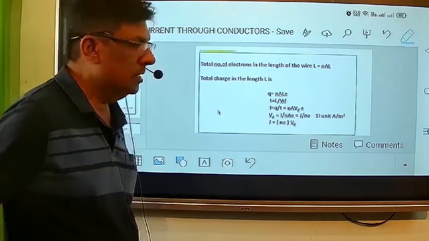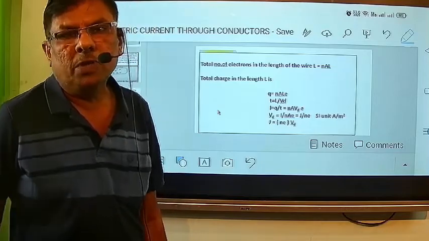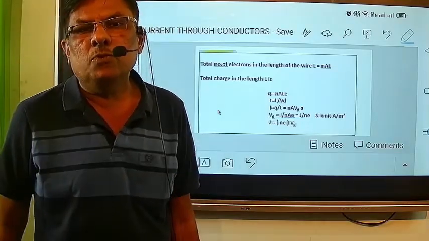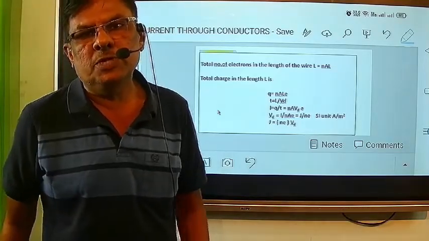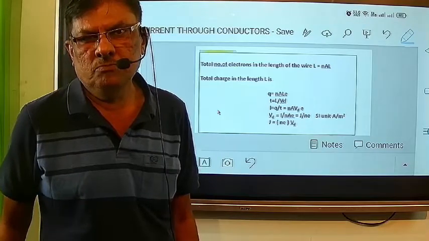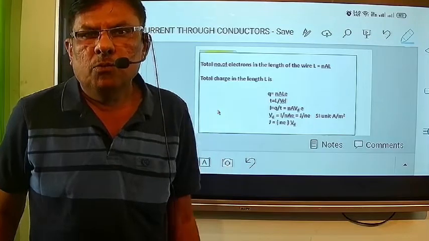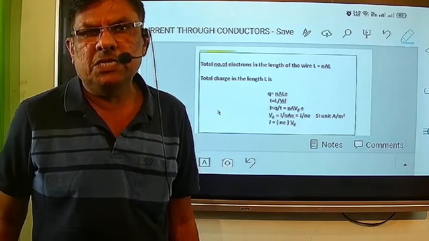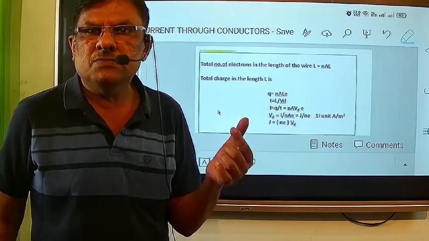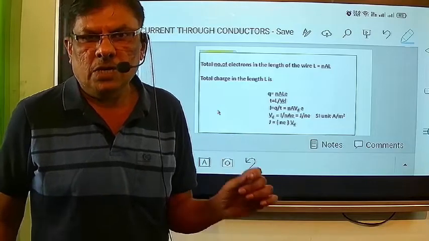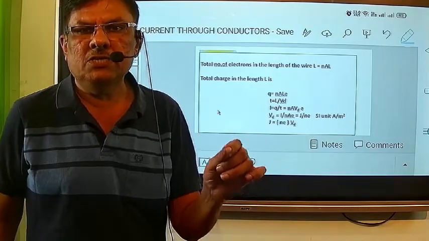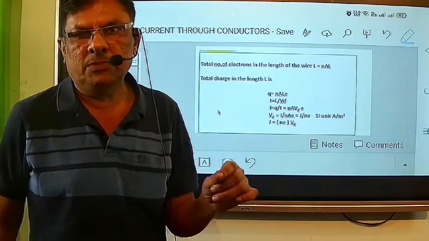Now, we know the basic formula that velocity is nothing but displacement per unit time. But when I want to change the places in this formula, initially I said V is equal to displacement upon time.